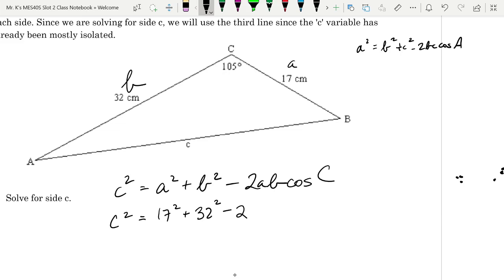What are the other things you can use for a multiply symbol? You can use a dot. I tend to use a bracket. It just keeps my work nice and neat and easy to read. Does that mean I have to punch in a bracket when I'm punching buttons on my calculator? No, please don't. Only use brackets when you have to. And then times the cosine of, what's angle C again? 105. Okay.